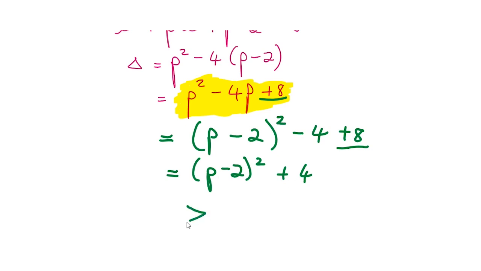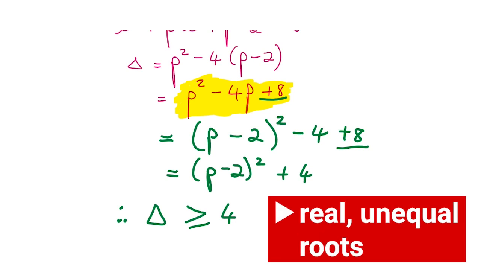So in fact, we've shown that delta is at least 4. It can't be less than 4. It can be 4 if p is 2, but it can never be less than 4. And because delta is bigger than or equal to 4 for all values of p, therefore the equation will have real and unequal roots.